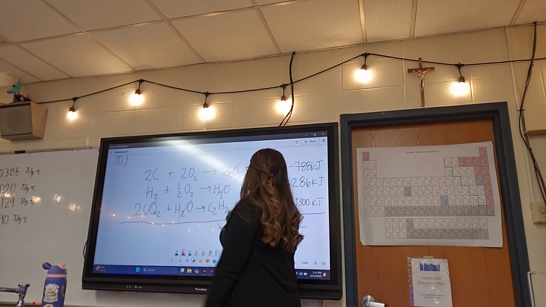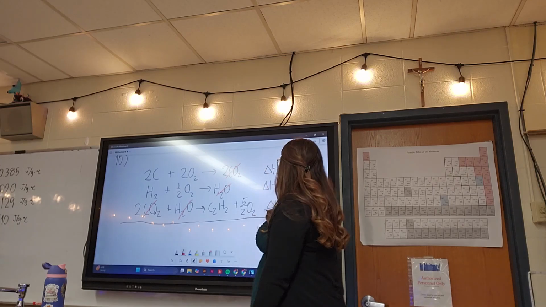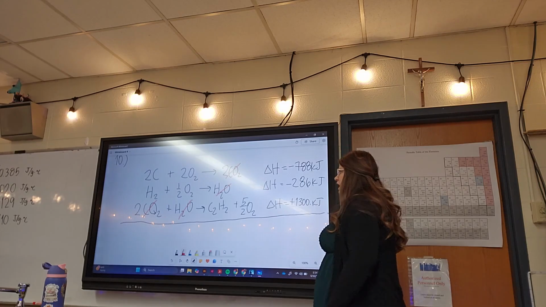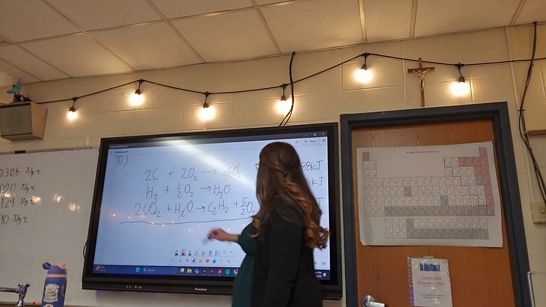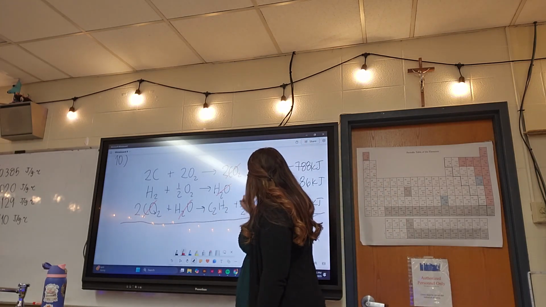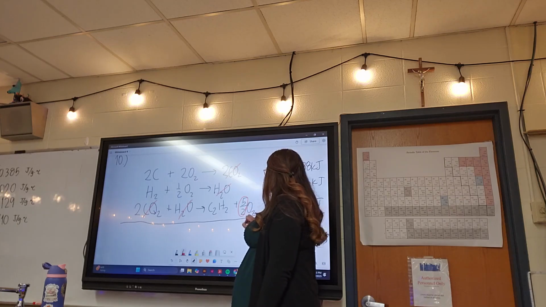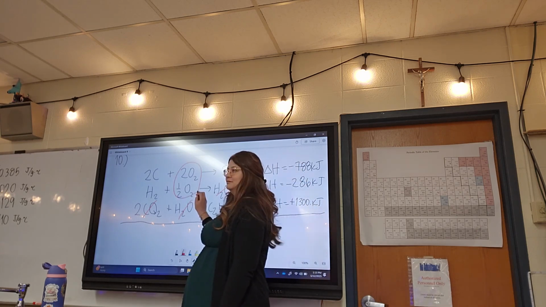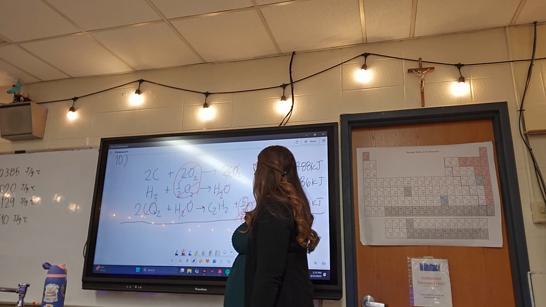I'm sorry, 1 water, but on either side, so that's good. And then there's all of this nonsense with the oxygen. Here you have an improper fraction. What is this number really? 2.5. That's 2.5. What do you have here? 2.5. So everything cancels out.